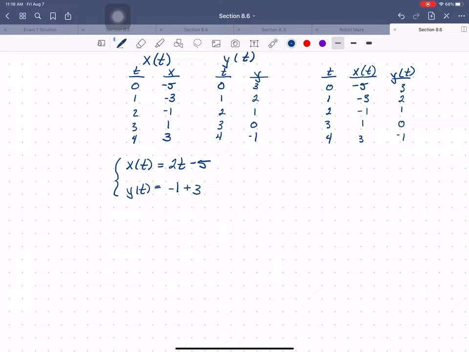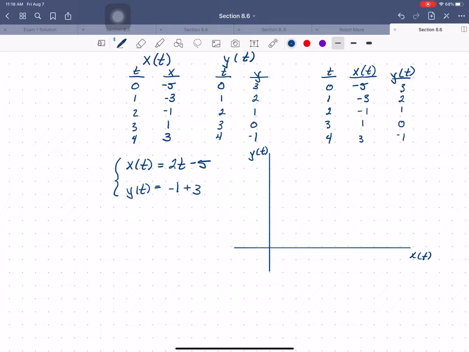More frequently, what we'll do when we do this work, is we will take a parametric set of equations and build that table and then graph x versus y, just like normal. The only difference being that we know that both x and y are related to t, right? And so we would graph this.